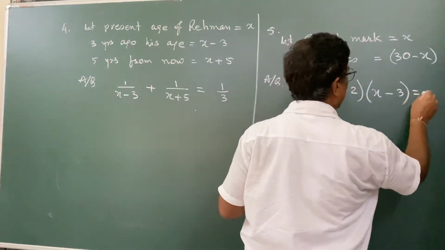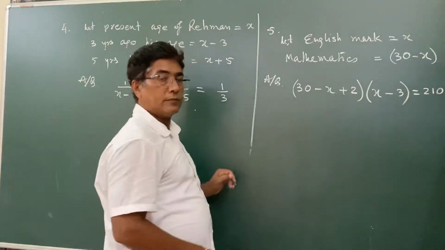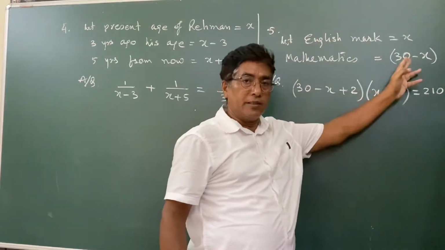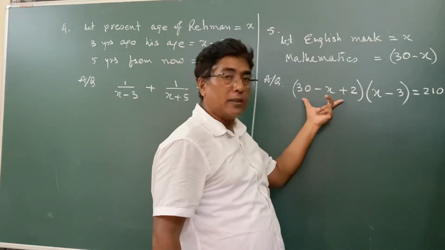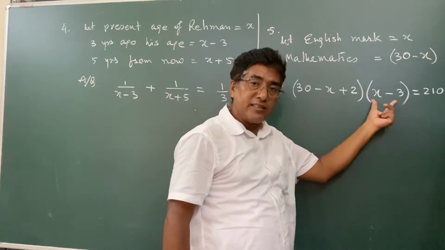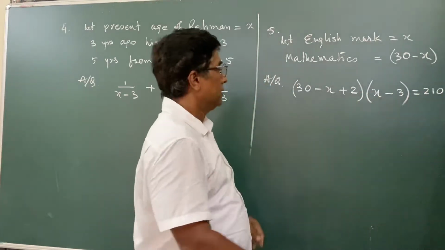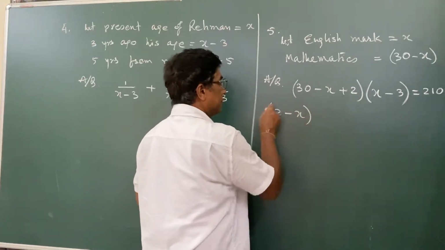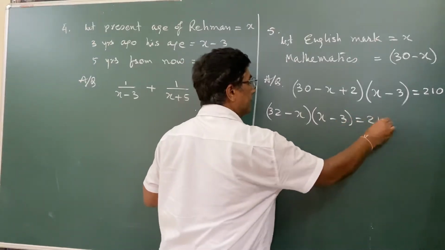So we assume English mark is x, mathematics marks is 30 minus x. The question says, had she got 2 marks more in mathematics and 3 marks less in English, then the product of the marks would have been 210. So this is 32 minus x, into x minus 3, is equal to 210.